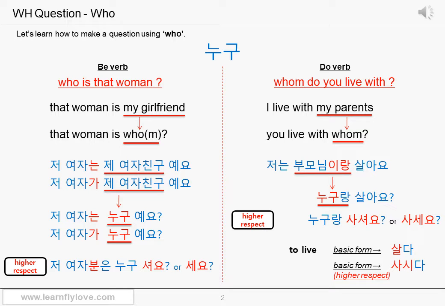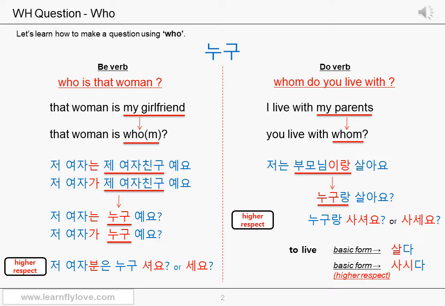The stem of 사시다 is 사시. If you add 어요 sound to it, 시 sound combines with 어 sound because 시 sound doesn't have any final consonant. So 시어 becomes 셔, 사셔요.